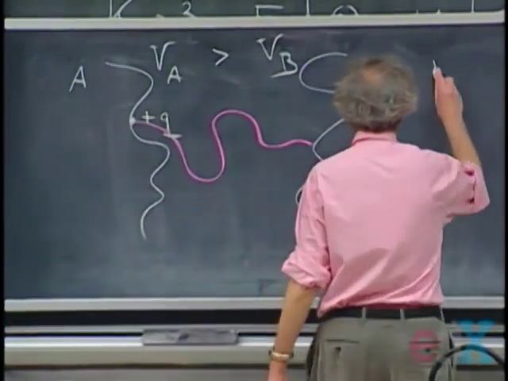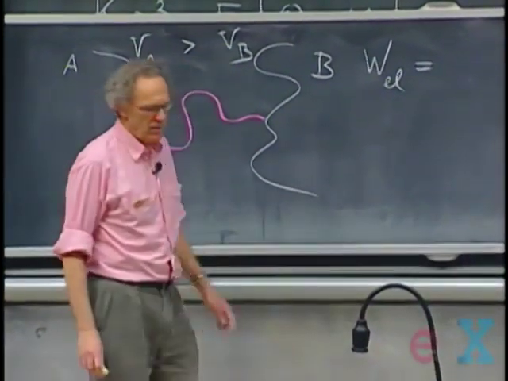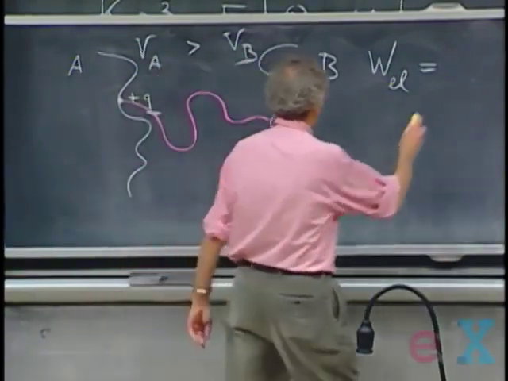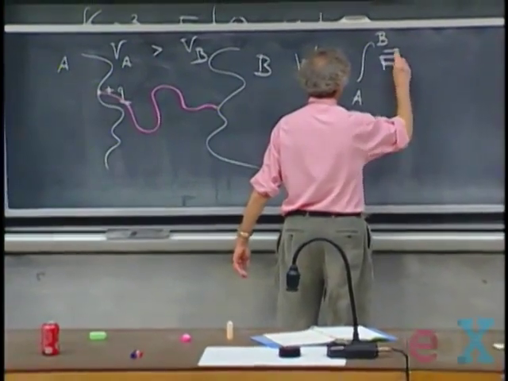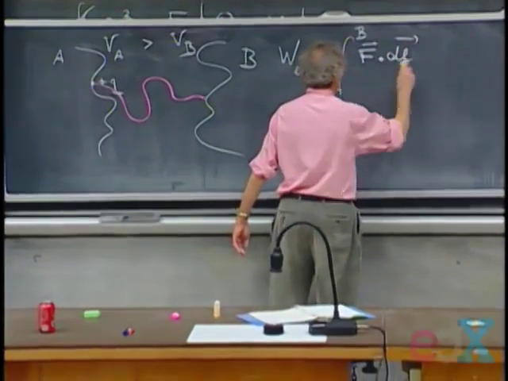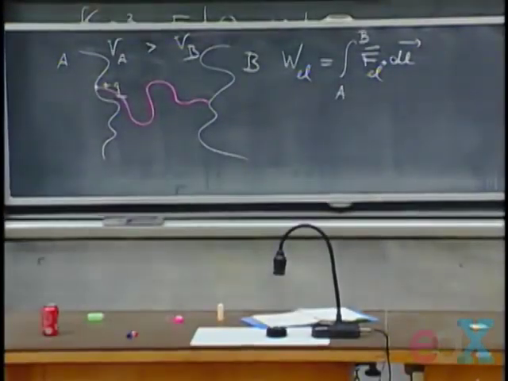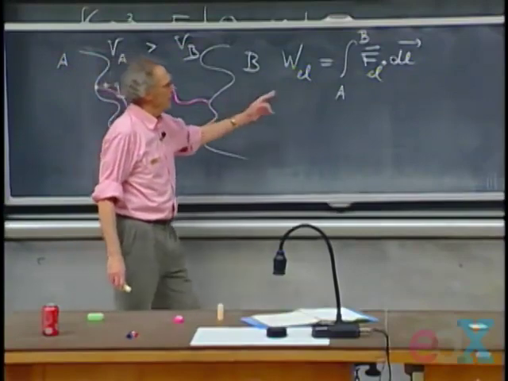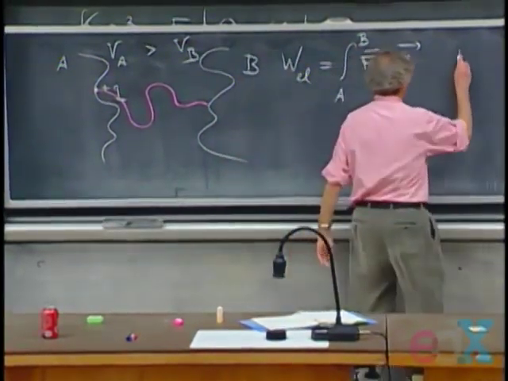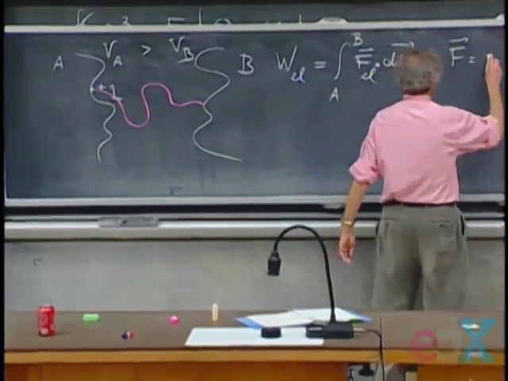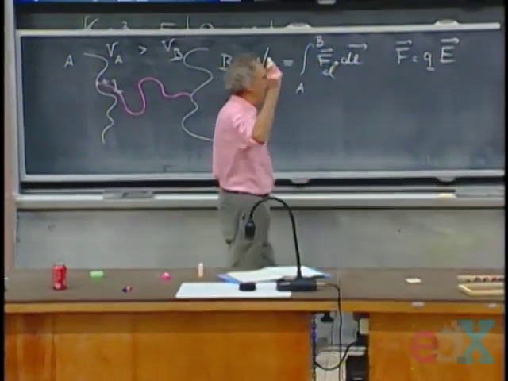So the electric field is going to do work on this charge, and the work in going from A to B, integral A to B, is the force dot dl. That is the electric force on that charge. Since it is a conservative field, it doesn't matter what your routing is, you will always get the same answer for this. That electric force is also the charge times the electric field at any location along the line.